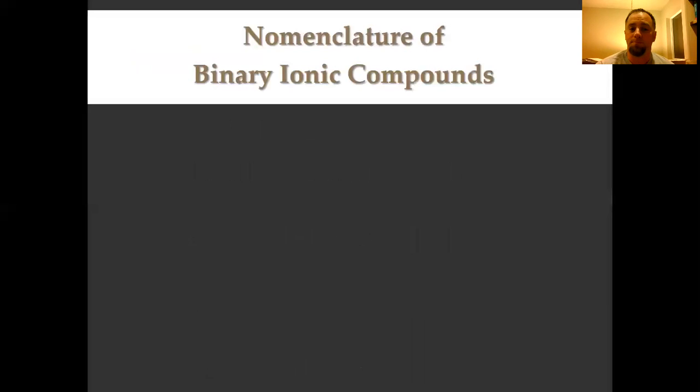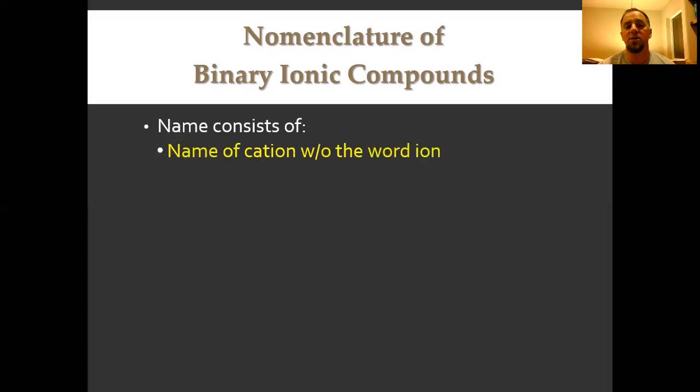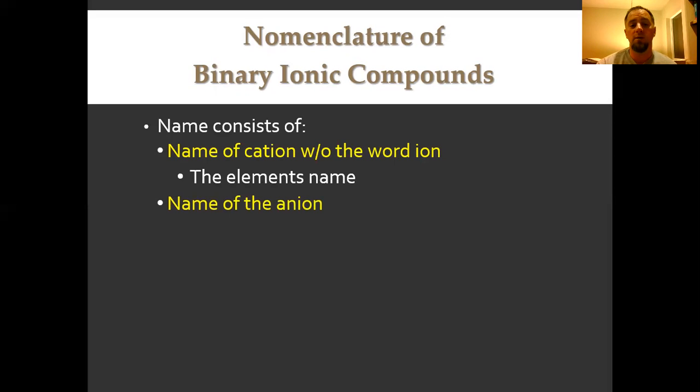So our nomenclature of binary ionic compounds consists of the name of the cation without the word ion. So for sodium chloride, we would just say sodium for the first part of the name of that binary ionic compound, the element's name. And then the name of the anion.